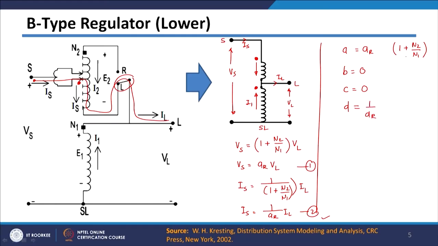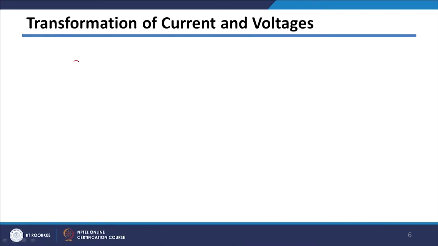So, you can see that for the B type of regulator we basically get these equations. AR is equal to 1 minus N2 by N1 when it is in raise position, and we get AR equal to 1 plus N2 by N1 for the lower position. So, I can say AR will be equal to 1 minus plus N2 by N1, because I want to write it for raise first.